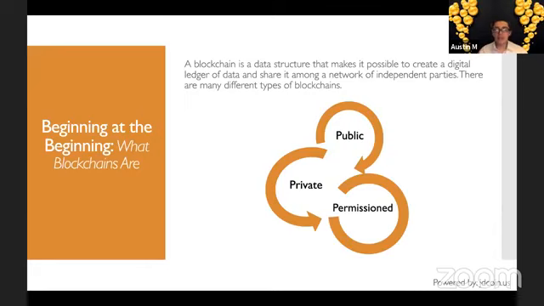So public, completely accessible, and on the contrary, we have private, which are also known as a distributed ledger technology, which we covered in depth, known as a DLT, tend to be a little smaller and don't utilize a token or cryptocurrency.